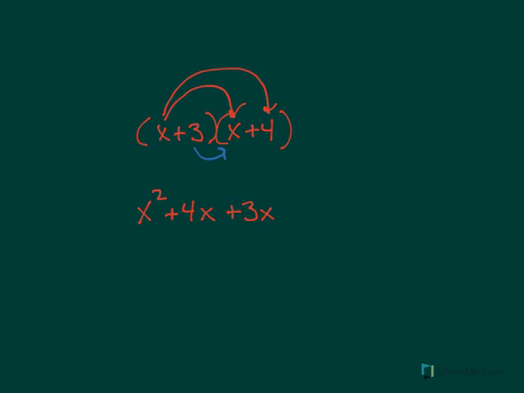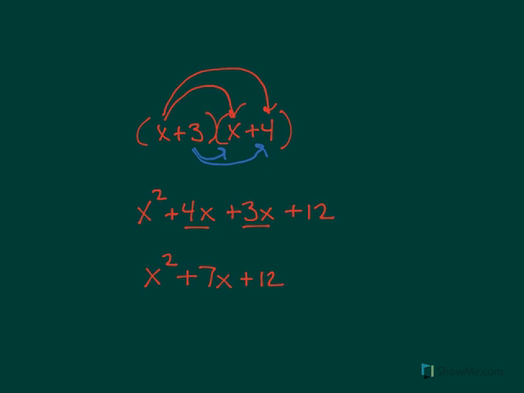And 3 times the 4 will get you 12. And then if you combine your like terms in the middle, you have x squared. The 4x and the 3x, we can combine those and say this is 7x. And then the last term is a 12.